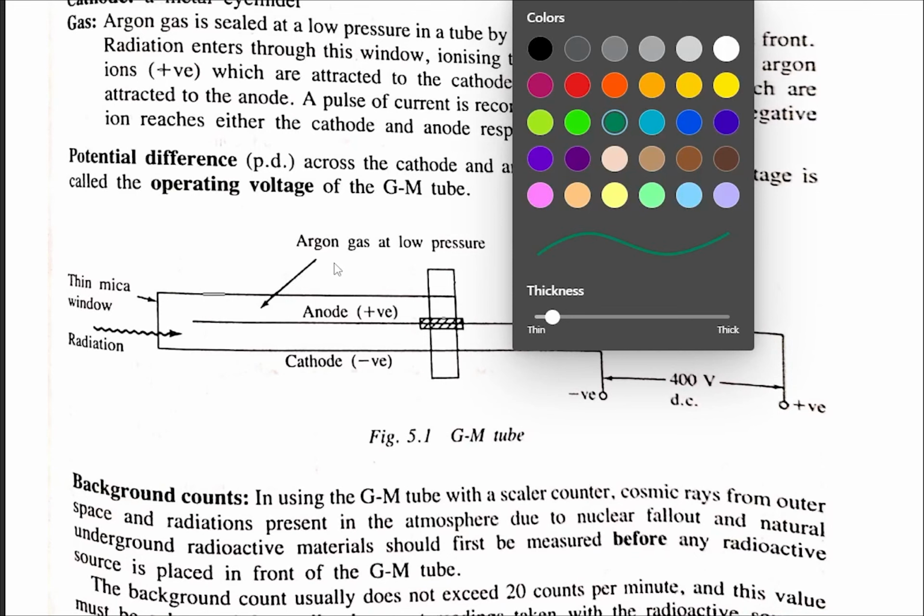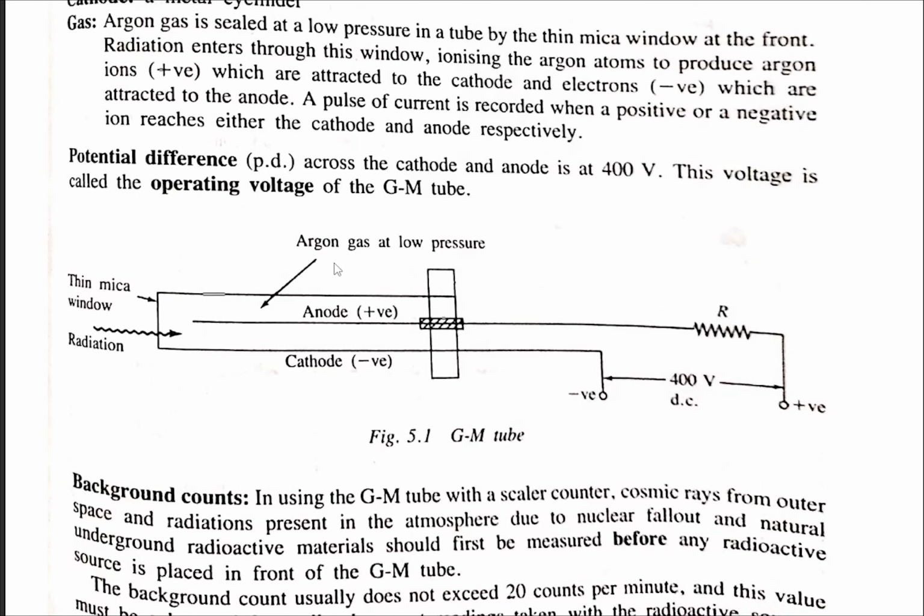It's just a small transparent tube waiting for radiation to be absorbed, or exposed to from the environment. Radiation could be coming from any angle through this window, and it's going to have some effect on the argon gas that is held inside the tube at low pressure.